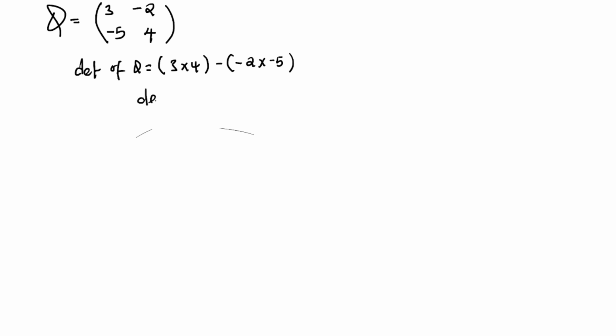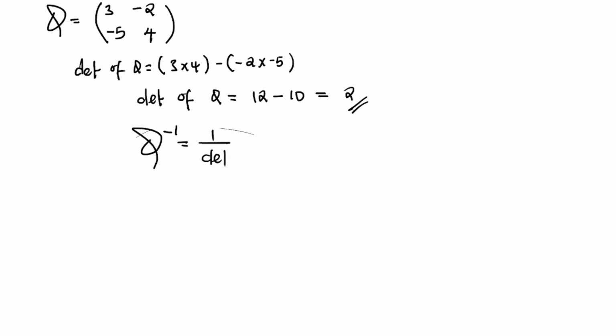So that will be det of this matrix. It will be 12 minus 10 there, and our determinant is going to be 2. Now, we said that inverse, it is 1 over determinant over det, okay?